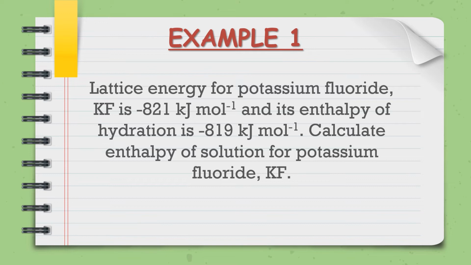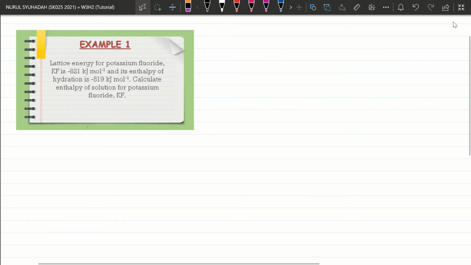Then you calculate the delta H solution. Let's take a look at how to solve this question. Let me highlight the information that we have. Given to you, the lattice energy for KF is negative 821 kJ per mole, and the enthalpy of hydration is negative 819 kJ per mole.